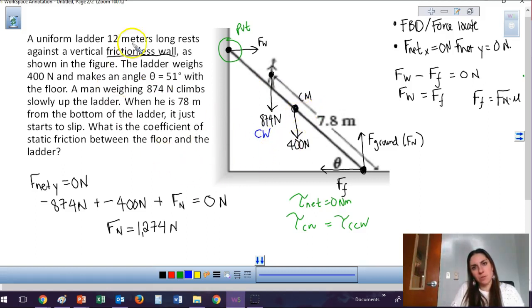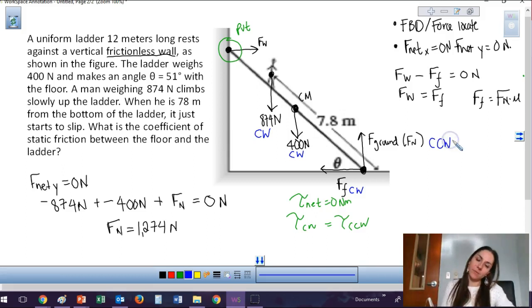Same thing here, this would also be a clockwise force. And then I have this also going clockwise. But this one is going counterclockwise because we're going up against this direction. Okay, so there's all our clockwise and counterclockwise forces, and now we can model them with the correct measurements.